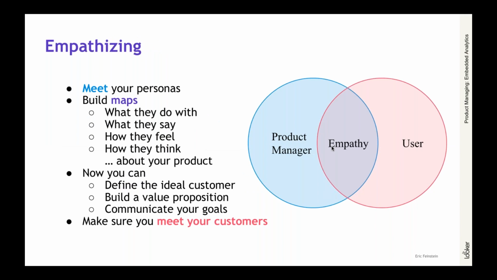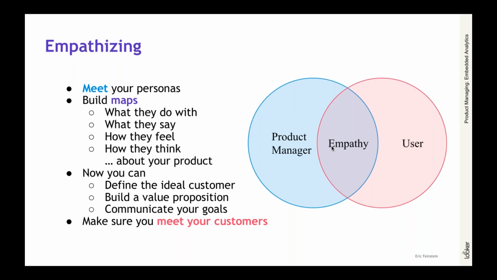So once you understand who your personas are and how they interact with your product or what they might want, you may want to even go back to them and meet them again and ask them to walk through your current product if you have current reporting, or walk through what they're trying to do with your product, that you can provide them some help or some actions that they can take.